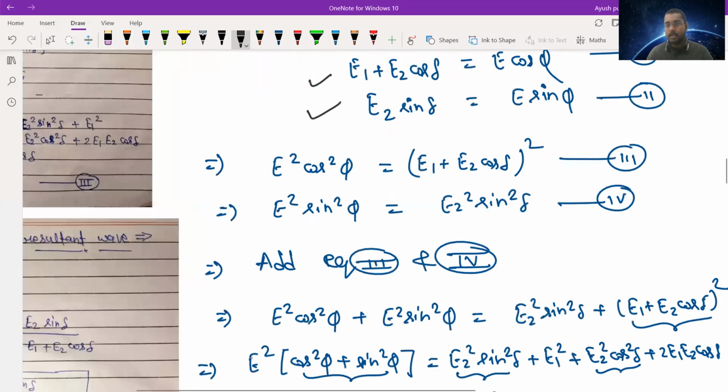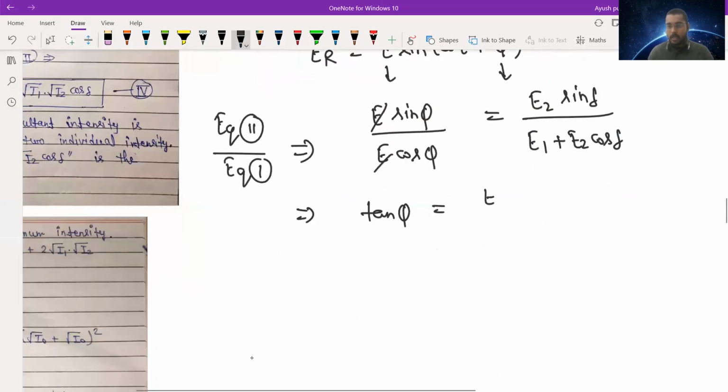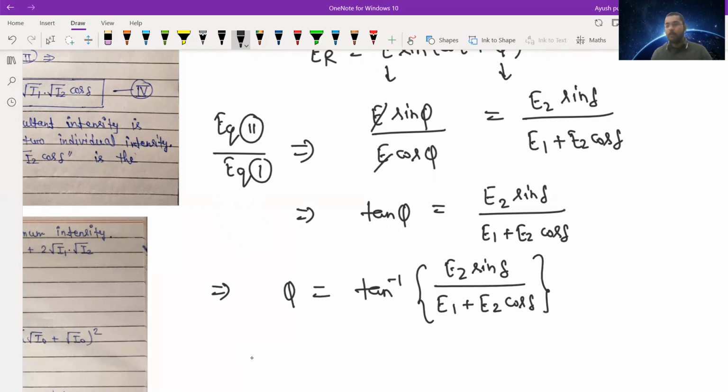E will cancel out, so we will be left with tan phi is equal to E2 sin delta divided by E1 plus E2 cos delta. So phi will be equal to tan inverse of E2 sin delta divided by E1 plus E2 cos delta. Now we know the amplitude of the resultant wave, and also we know the phase of this resultant wave, right?